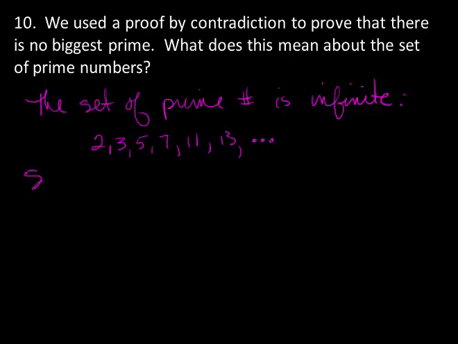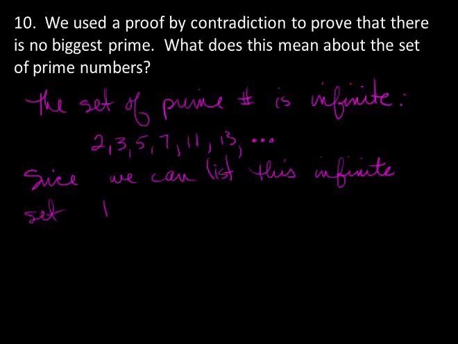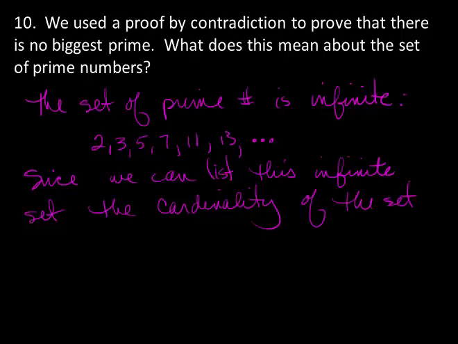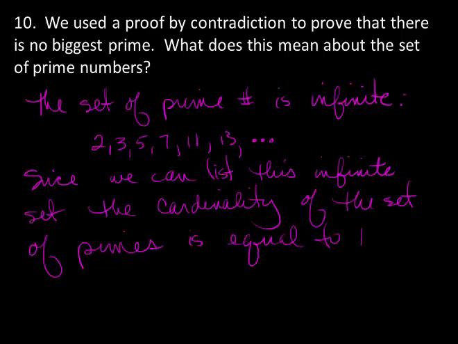Since we can list this infinite set, the cardinality of the set of prime numbers is equal to the cardinality of the listing set, remember, the natural numbers.